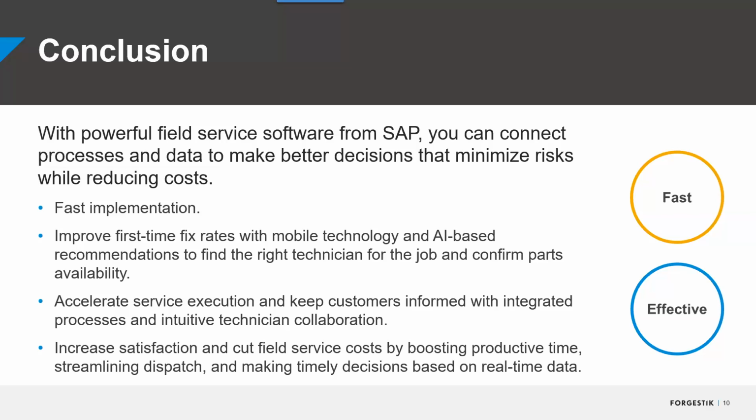So once you have that, you can be sure that you can improve your first time fix rates with mobile technology and AI-based recommendation. You will be able to find the right technicians because you manage your job by skills. You will be able to confirm part availability. The technician is able to see what's in stock, what is not.